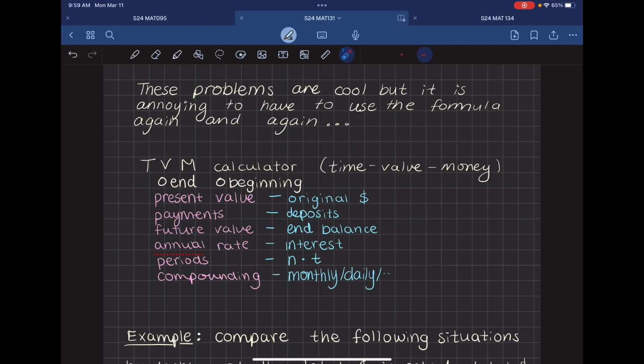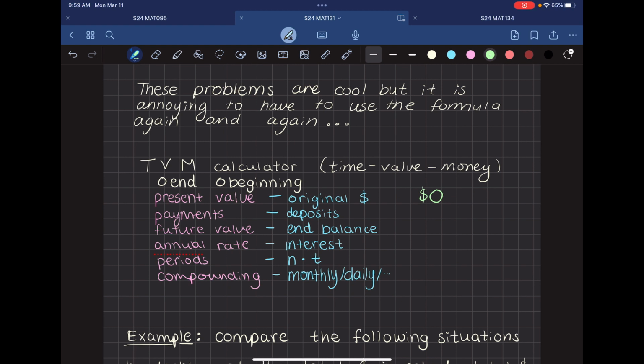And I'm going to try to tell you in the notes right here how to use it. So you'll have your present value, which is basically your original amount in the account. And I'm just going to compare to the last example. In the last example, we were assuming that we started saving from nothing. So our original amount in the account would be $0.